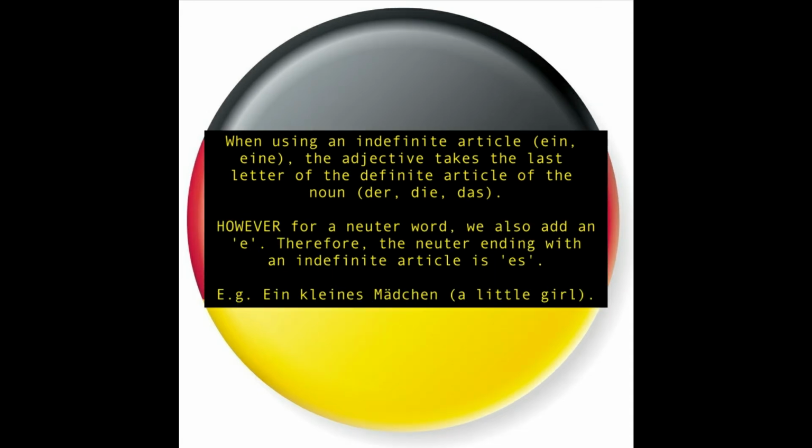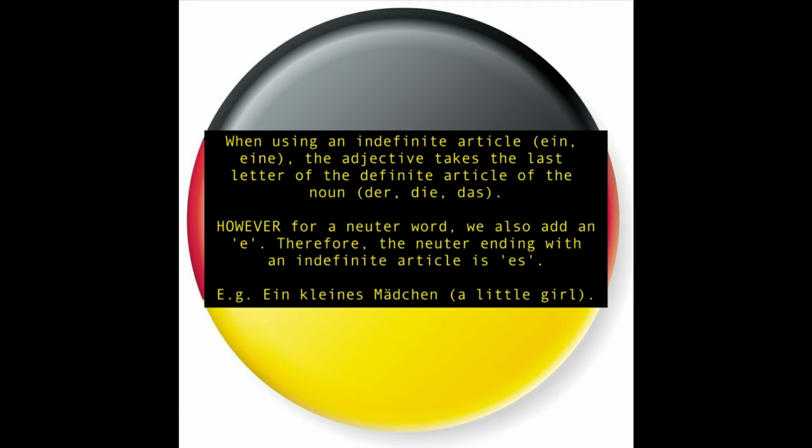However, for a neuter word, we also add an E. Therefore, the neuter ending with an indefinite article is es. The neuter word for a is still ein. So we would have ein kleines Mädchen, which is a little girl.